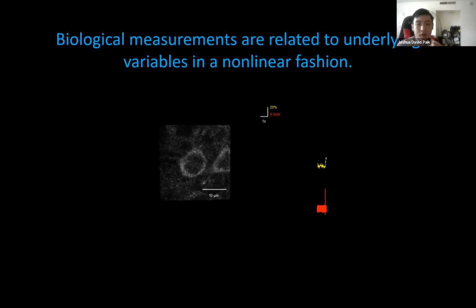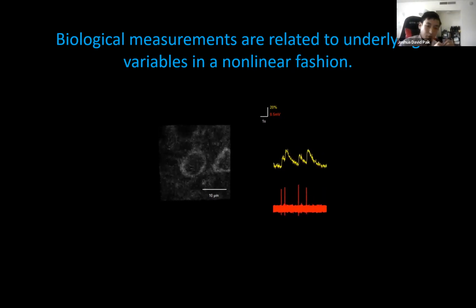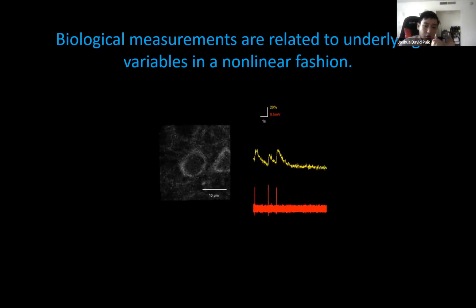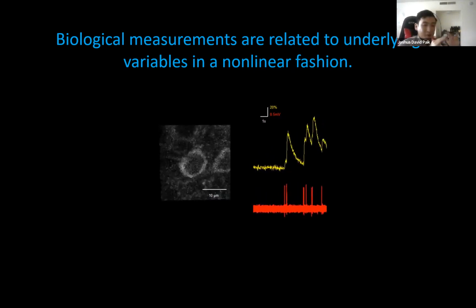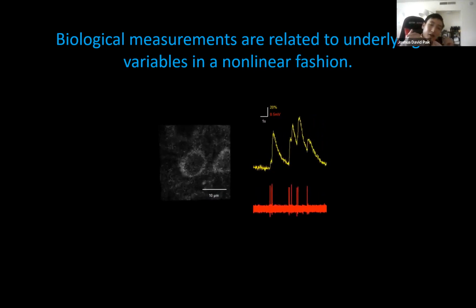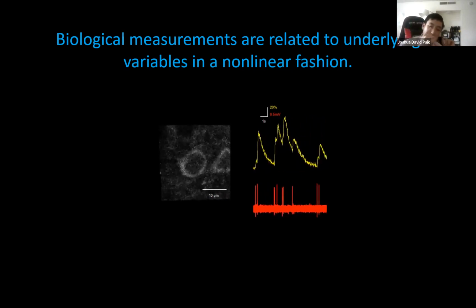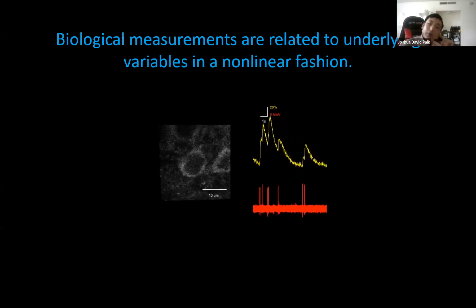So here's a movie. Here's an example where they recorded both the electrophysiology data in red. As you see, it's like a point process, but there's some noise. So that's why I was saying in the first slide, I'm not telling you a lie. At the top, in yellow, is the fluorescence data.